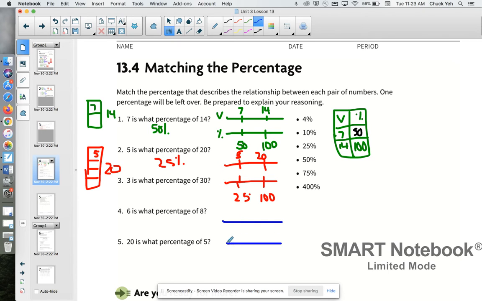So 30. This is 3. And this is 30. This is 100. 3 times 100 divided by 30 is 10. 10%.